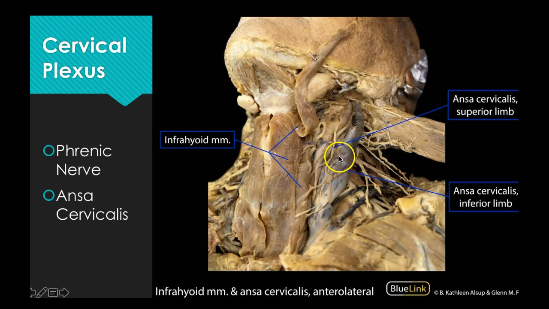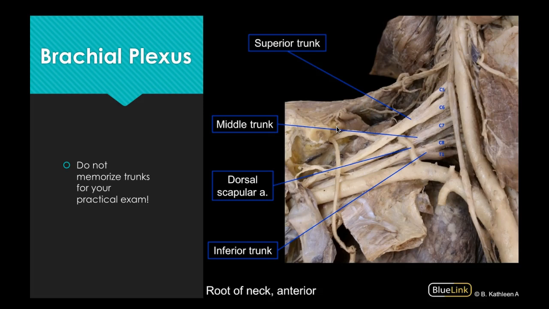Sitting in between these two vessels is your vagus nerve. And together, these three structures are surrounded by a carotid sheath. So the ansa cervicalis will be found external to that carotid sheath and will form the loop outlined by my arrow here. Now let's move into the brachial plexus.